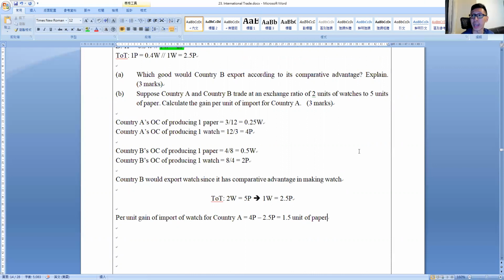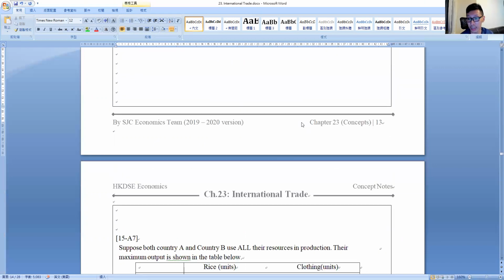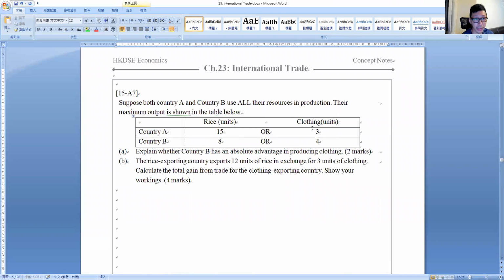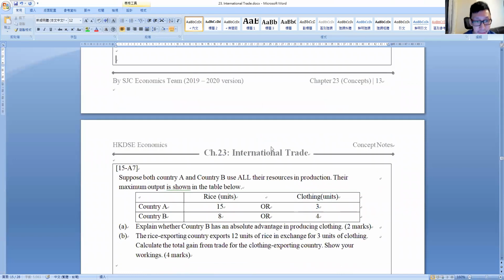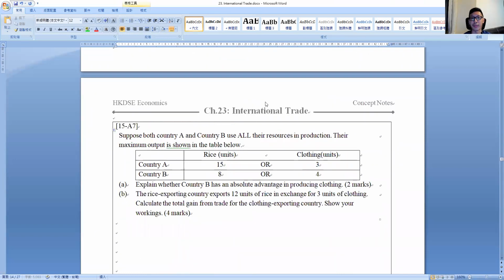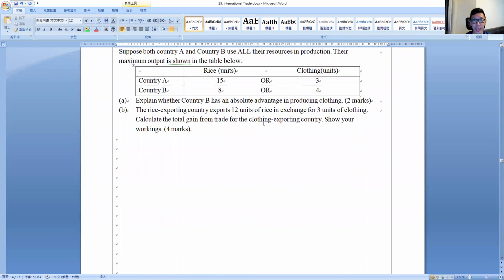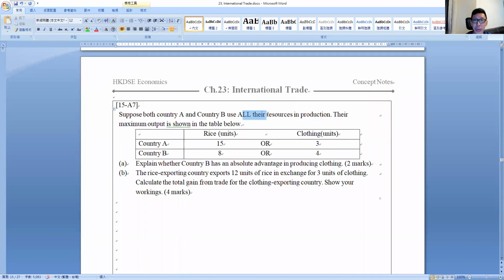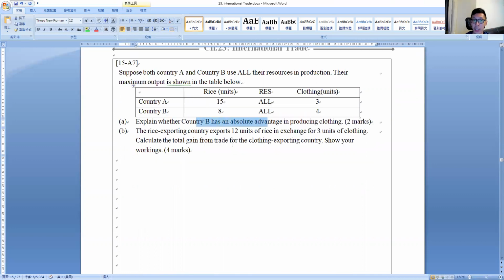Let's quickly do the last one, and then we finish. Now, for question 2015, question A7 here. First of all, they use all their resources. Remember, it is all. So we need to explain whether country B has an absolute advantage.